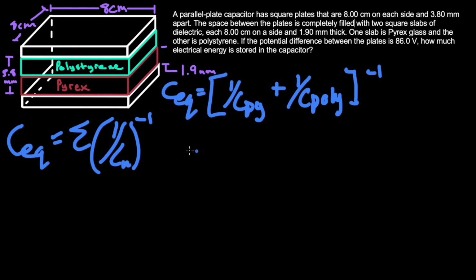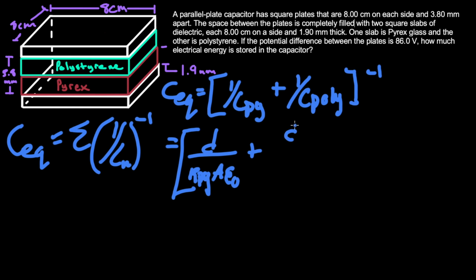And so I can also write this then as equaling d over kappa Py A epsilon naught plus d over kappa poly A epsilon naught, and then all of that inversed again.